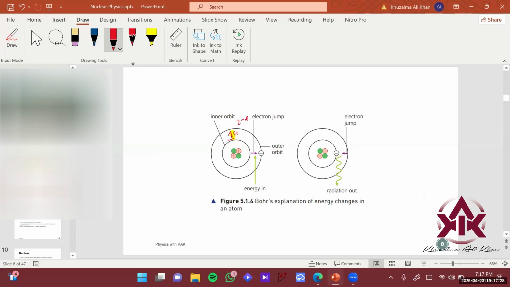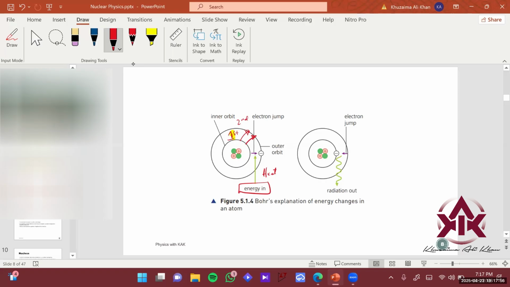If an electron goes from the first to the second shell, we want to give it energy. If we provide heat to the atom such that it has enough energy to bounce out, it wants to leave the first shell. So we provide energy to the atom to bounce.